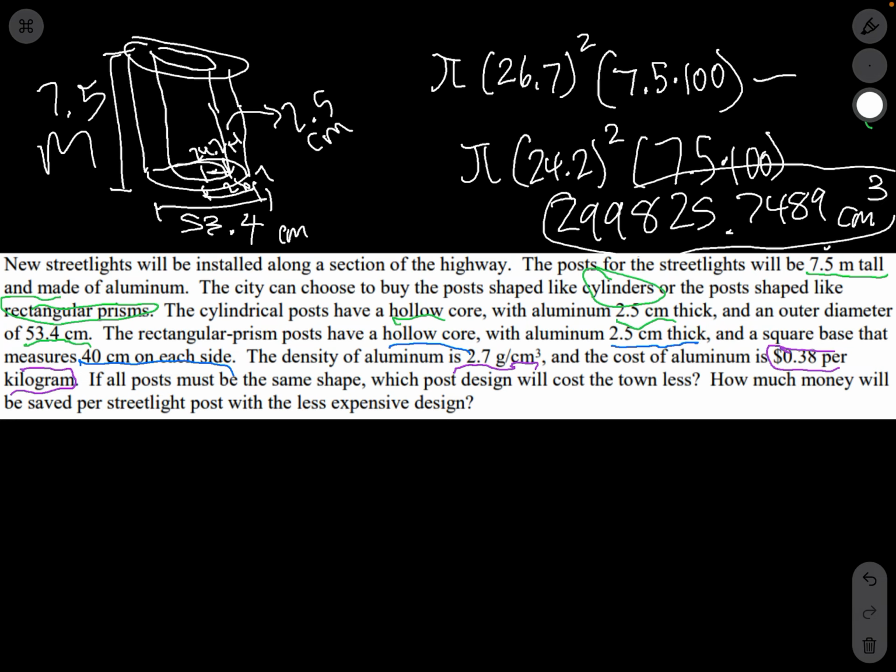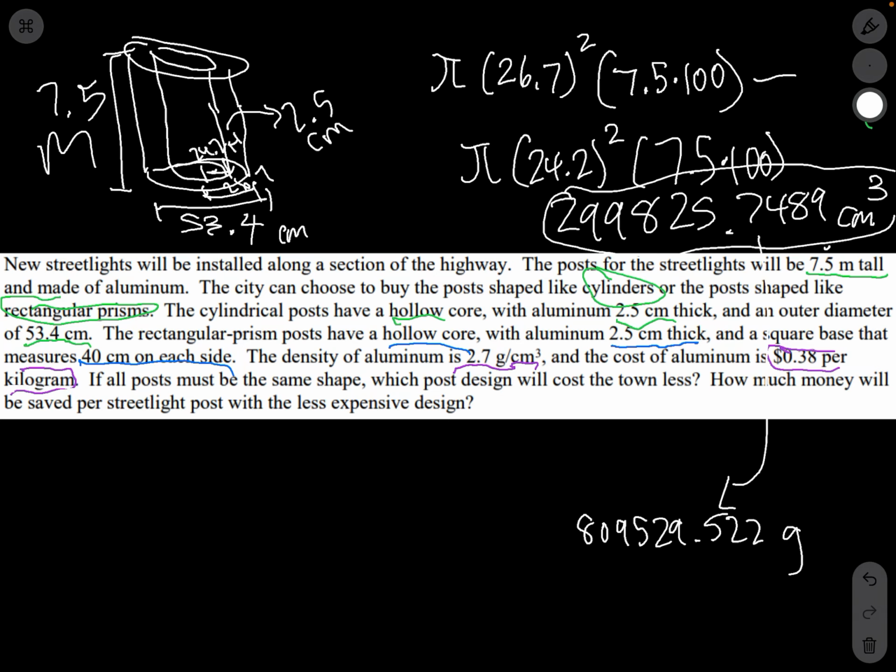Now it says the density of aluminum is 2.7 grams per cubic centimeter. So we multiply the value we just found by 2.7 to find the grams, and you get 809,529.52 grams.